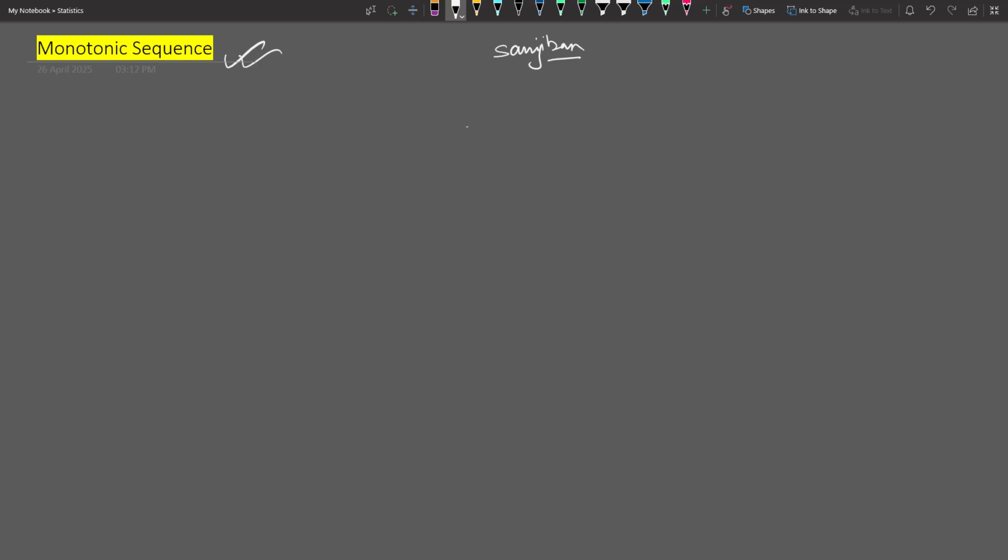A sequence a_n is termed as monotonic increasing or monotonic decreasing. So there are two parts of monotonic sequence: increasing, and another one is decreasing.